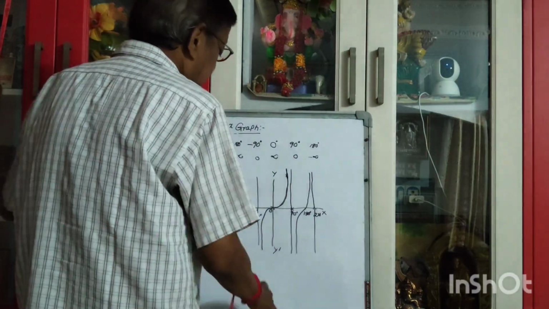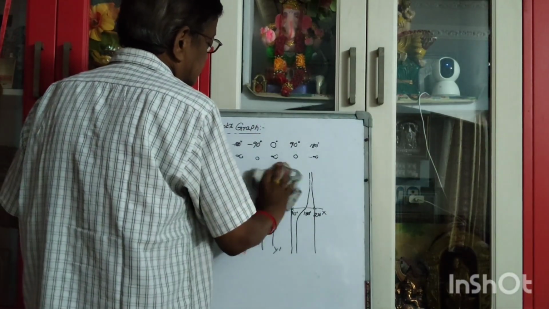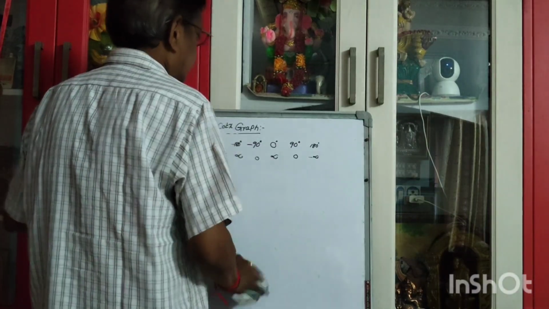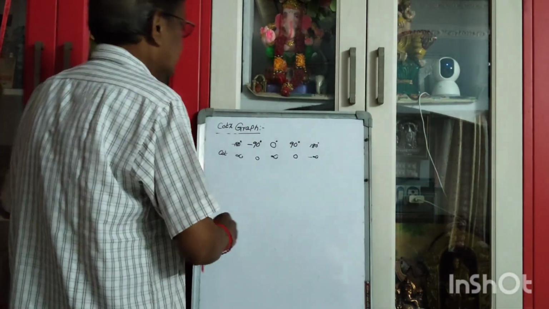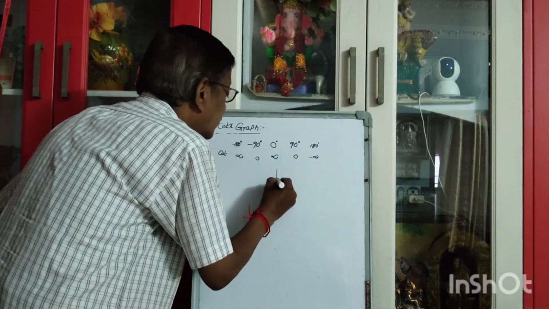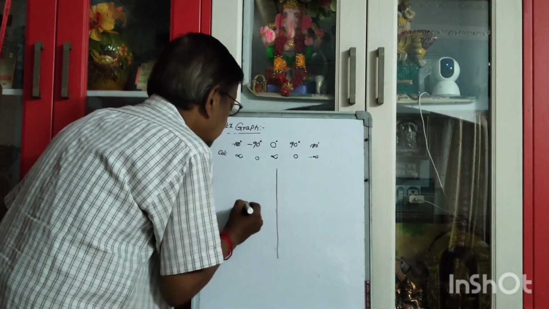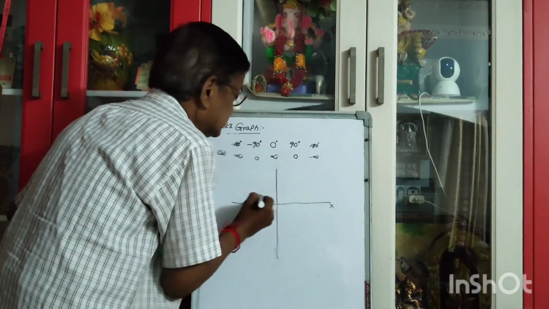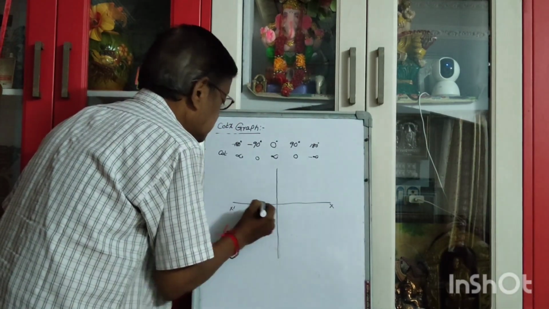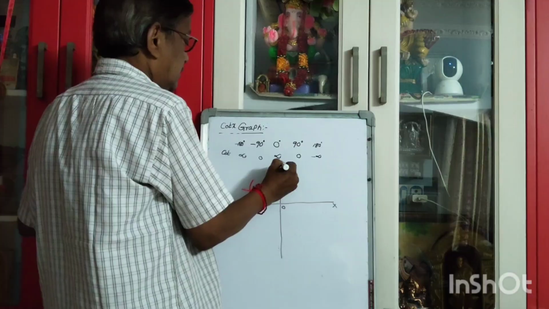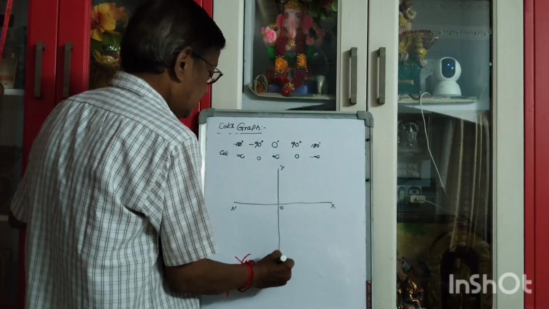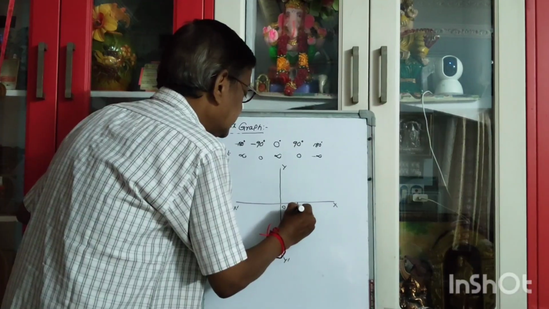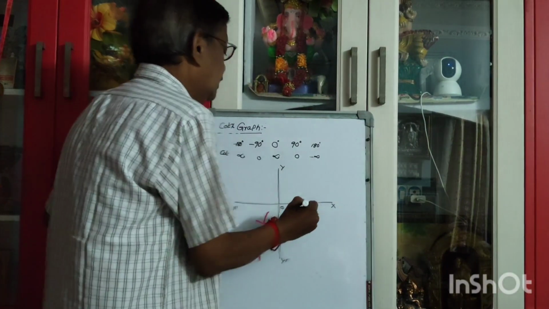Now if you draw the graph, x dash, origin, y dash, 90, 180.